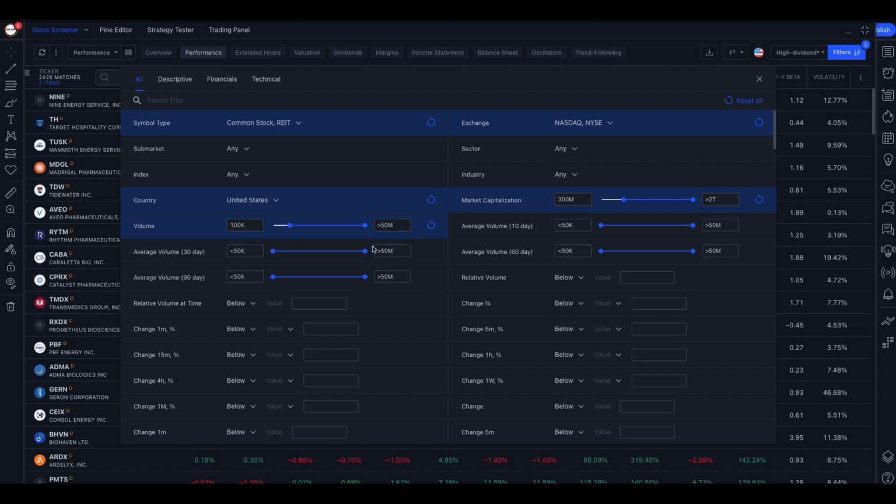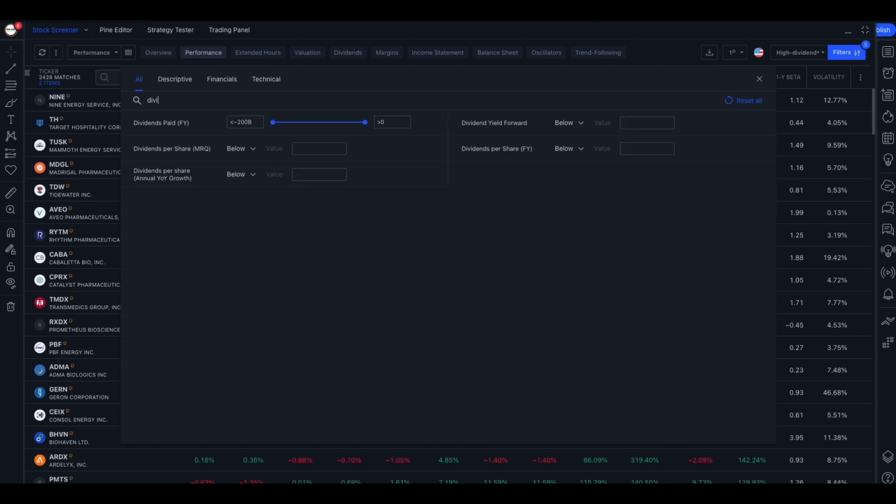So we want those best performing companies, but we also want those companies to pay us dividends. So we're also going to look at companies that have a positive dividend yield. You can see here, TradingView uses dividend yield or a forward dividend yield. So we're looking for companies that have a dividend yield greater than 0.